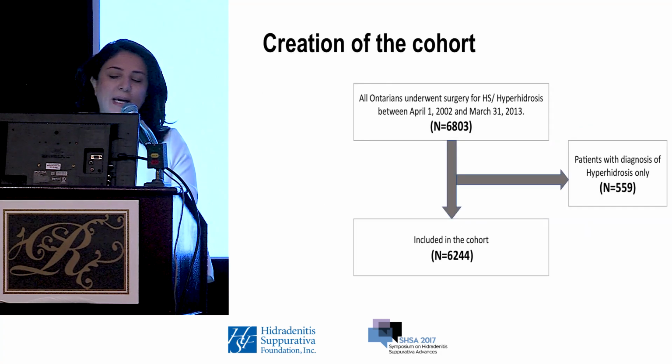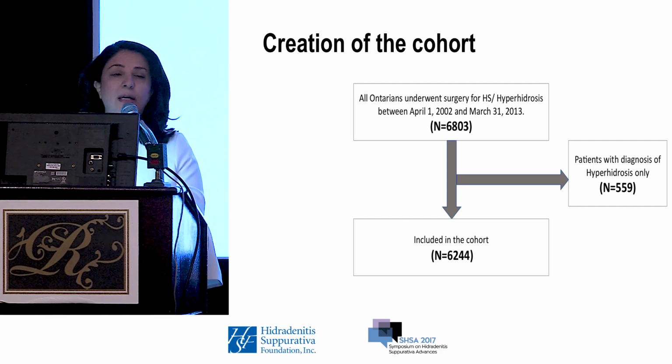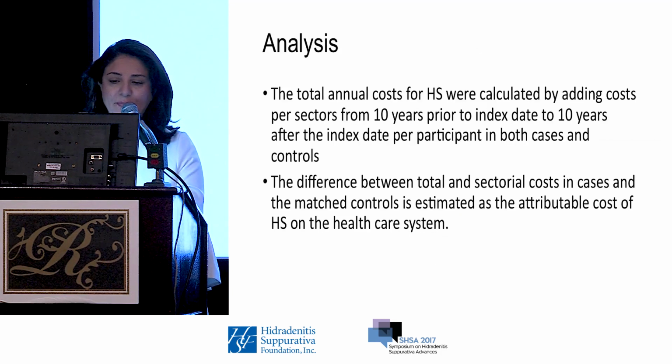In total, we had 6,803 patients with HS that went under surgery in 10 years in Ontario. We excluded patients who, based on diagnostic code, had hyperhidrosis. Then we ended with 6,244 cases.